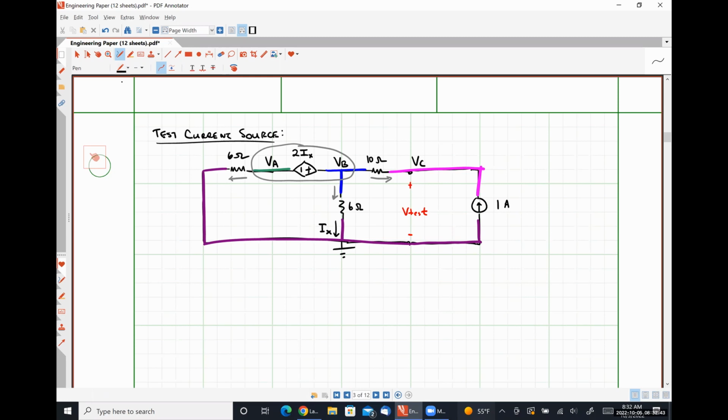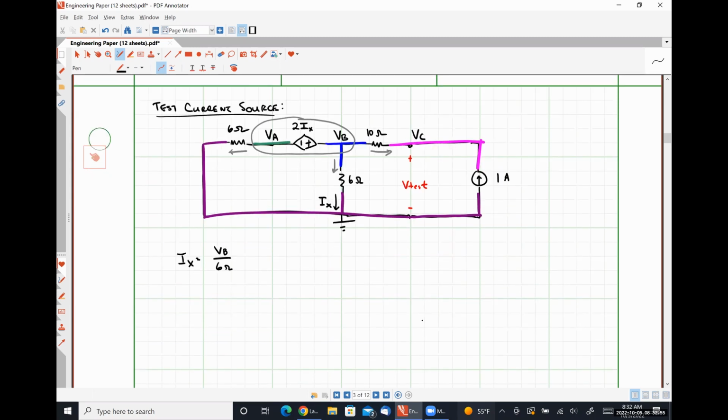All right, so our controlling variable relationship is going to be IX is equal to VB over 6 ohms. We have a voltage relationship that is VB minus VA is equal to 2 IX.